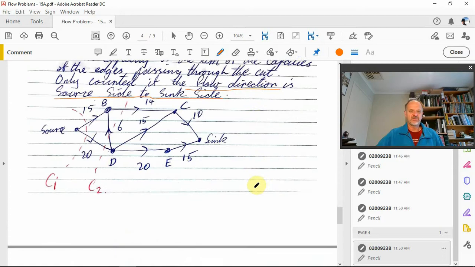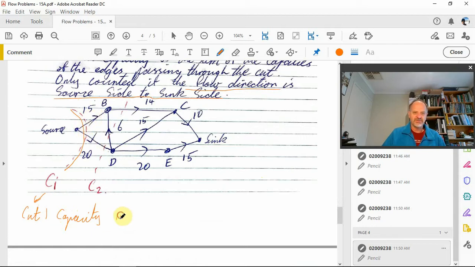All right, so here we've got an example. So cut 1, C1, capacity. Here's cut 1, and it cuts through this line here, which is 15, and this one, which was 20.